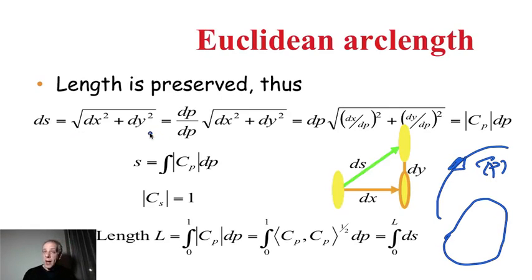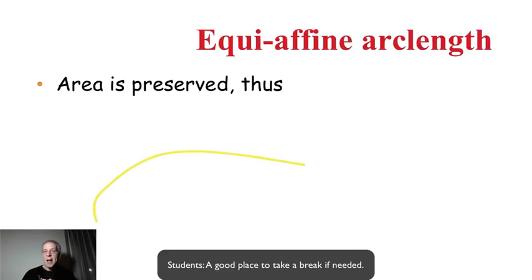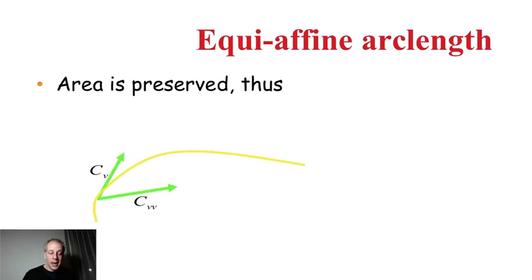Now, in the affine case, or in particular in the equi-affine case, length is not preserved anymore. What's preserved? Area. So I can take areas. In order to take areas, I need two vectors. One vector does not define an area. I need two. So I'm going to take the first derivative, it's always a tangent.